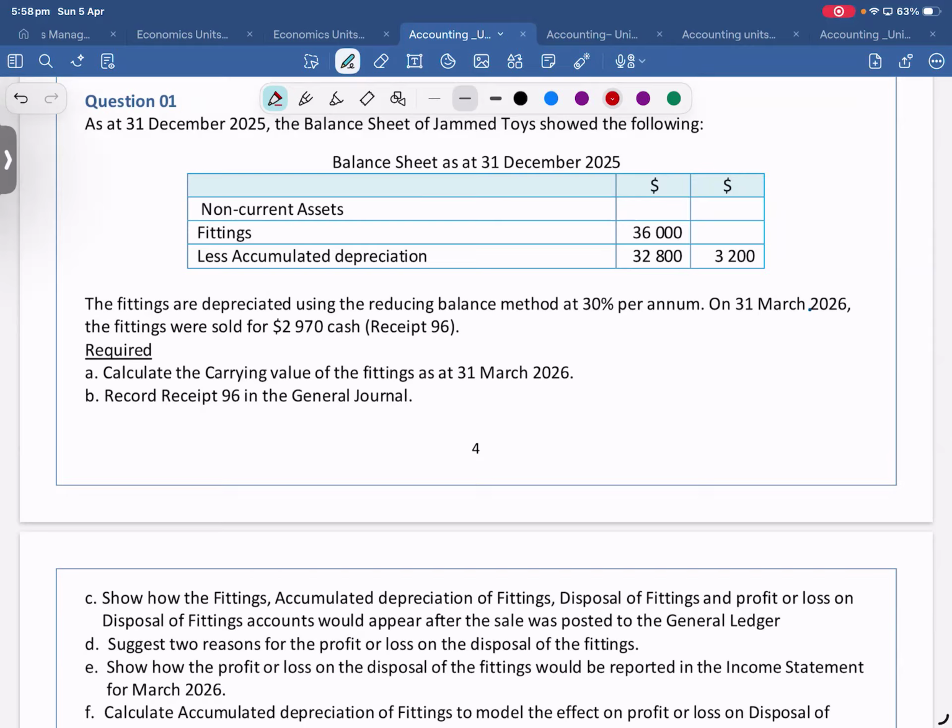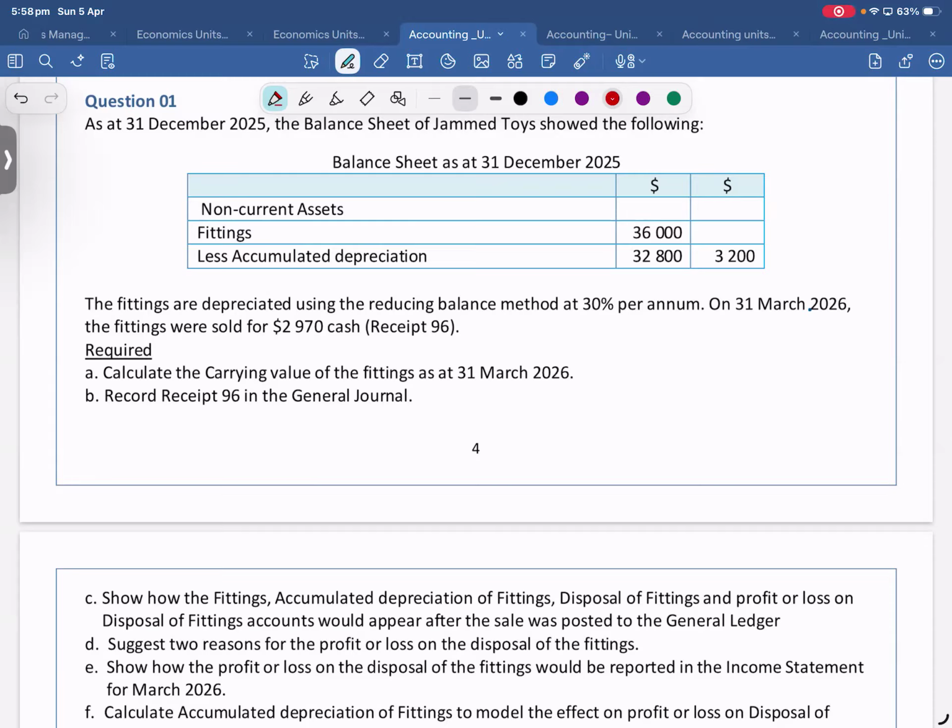How do you calculate the depreciation? Carrying value times the depreciation rate.